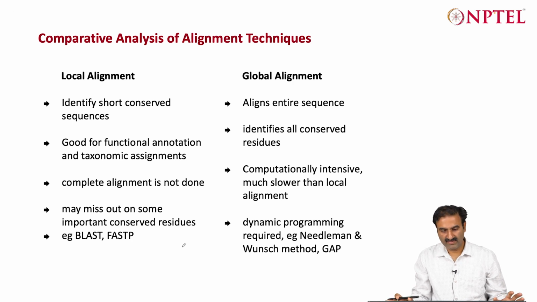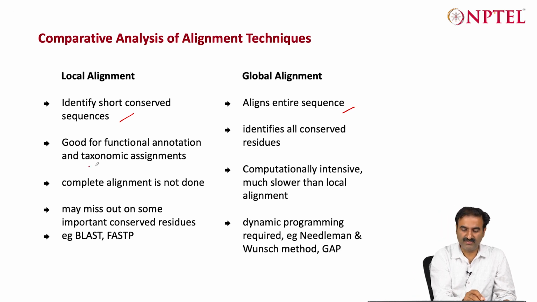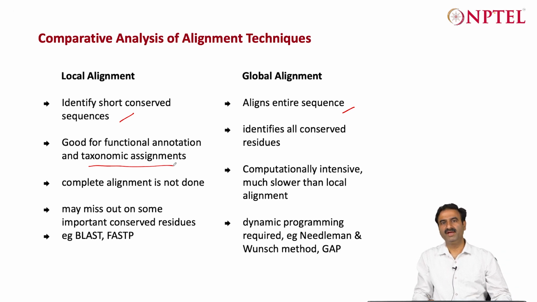So this slide broadly tells the advantages and disadvantages. In local alignment we try to identify short conserved sequences, and in global we try to do the entire alignment. So local is good for identifying small conserved or more similar, identical sequences between two sequences, and that is why it is good for functional annotation and taxonomic assignment. For function, because it is matching to a protein in a database, whatever function that protein is doing, your protein which showed the match should also do the same function.